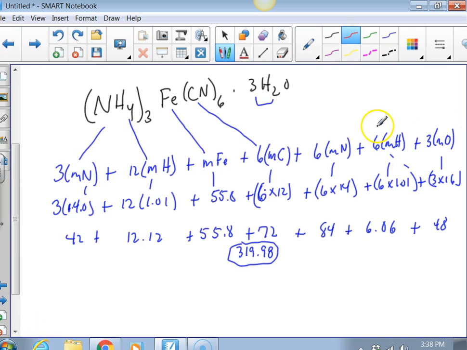We also need the mass of water. This represents water, hydrogen and oxygen, and this comes to 54.